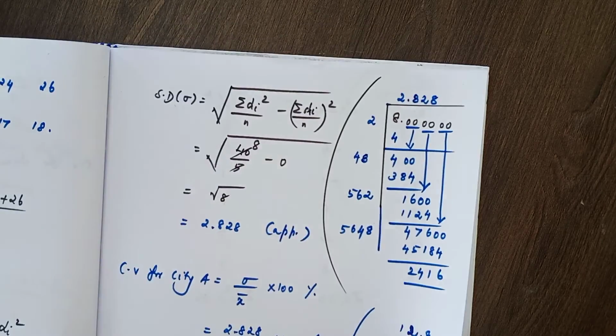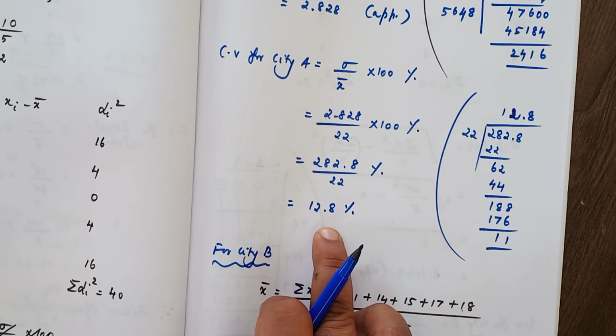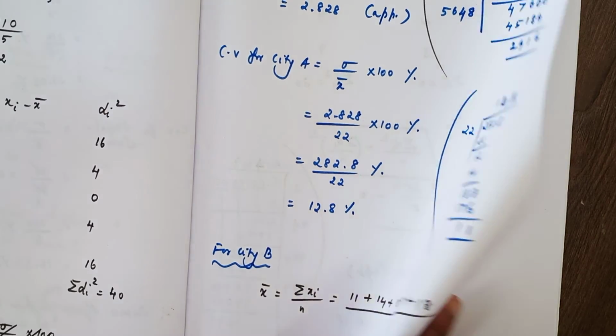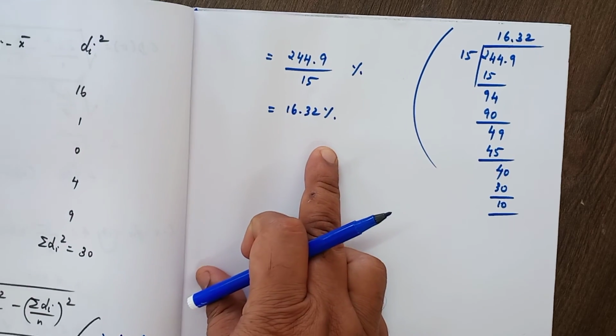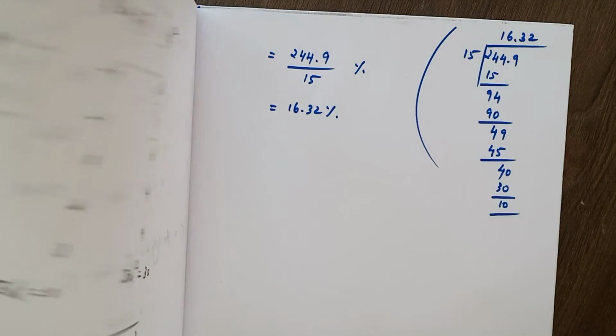For city A, 12.8 percentage, and here we have 16.32 percentage. Which one is less? 12.8 is less.